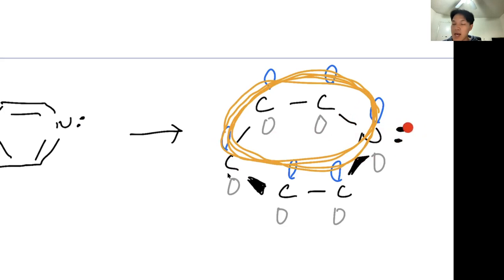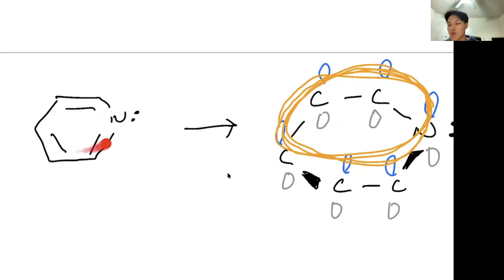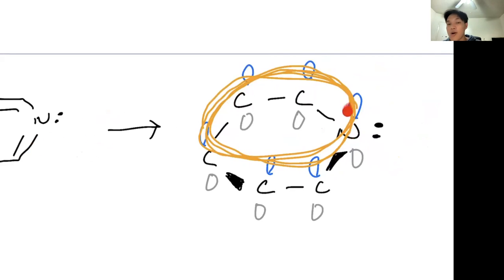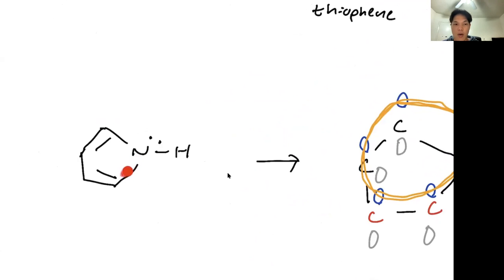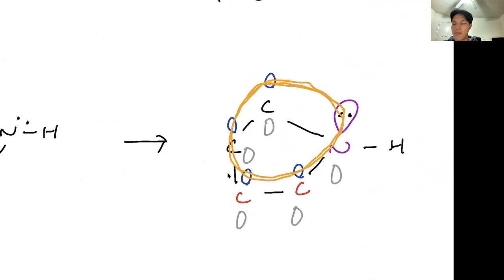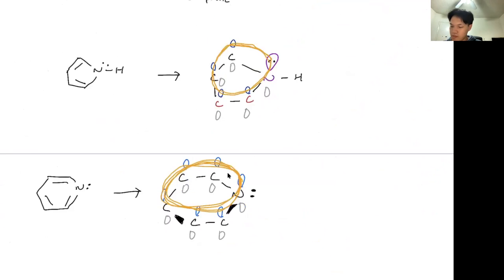So that means because it's not in the same plane, it can't participate in making a molecule aromatic as this one. Because it has that double bond, it makes it so that the nitrogen already has a pi bond with it. Whereas in this case, because we didn't have a double bond connected to the nitrogen, it had a lone pair on its pi orbital, which means it can still be in the same plane as all the other pi orbitals in the system. Okay.